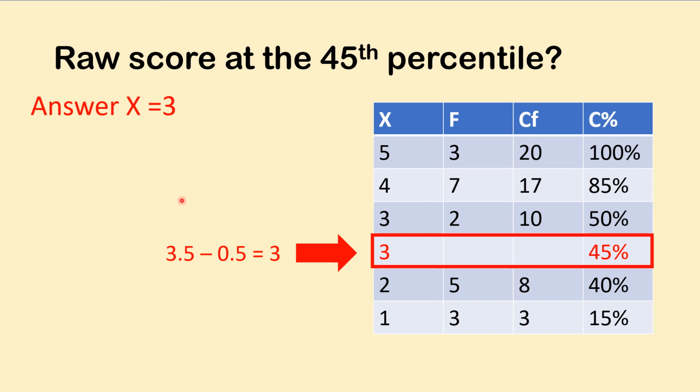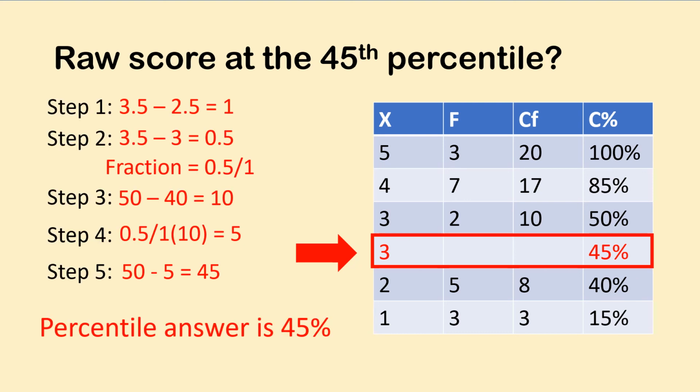So in the first question, when it was asked for a raw score at the 45th percentile, we received an answer of 3. Now with that answer of 3, we can recalculate this side to see if we get a value of 45%. And here are all the steps on how to do that.